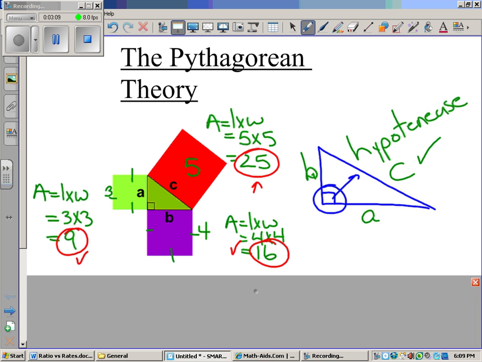They saw the relationship in those numbers, and it absolutely is. This square here plus this square here equals this square here. And I want you to hear how that's said. This square here, square A, plus this square, square B, equals the total of square C.